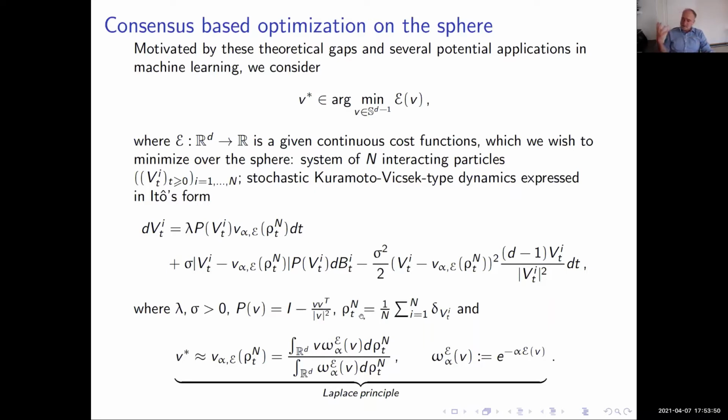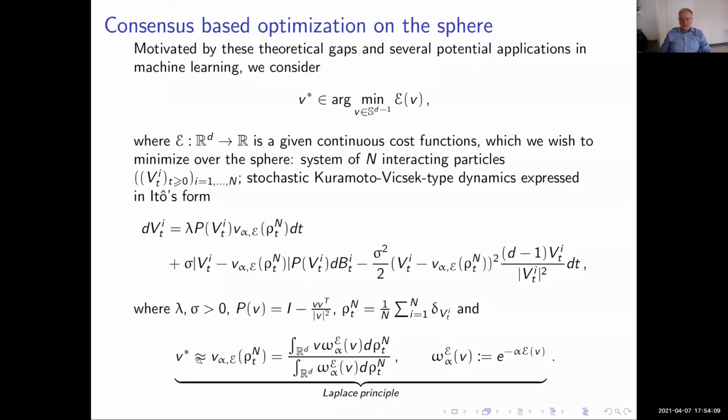So rho n is a measure that is counting the particles. With this, we are computing a certain center of mass of the particles.